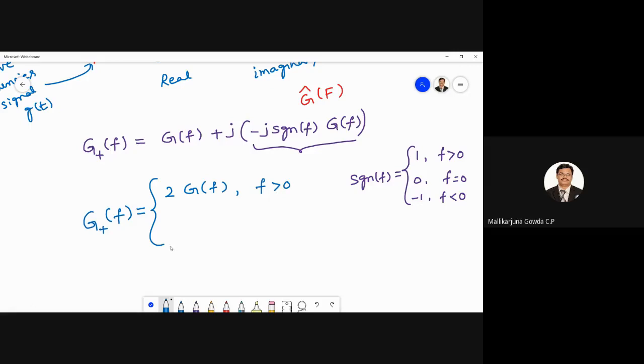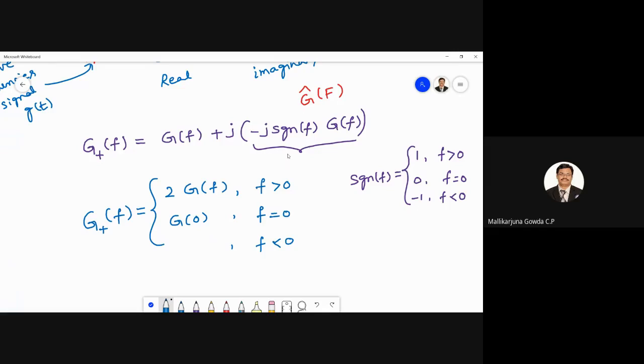This understanding should be there. Then what about at f equal to 0? It is just G of 0 that I am writing, G of 0 at f equal to 0. For f less than 0, the value of the signum function is minus 1.